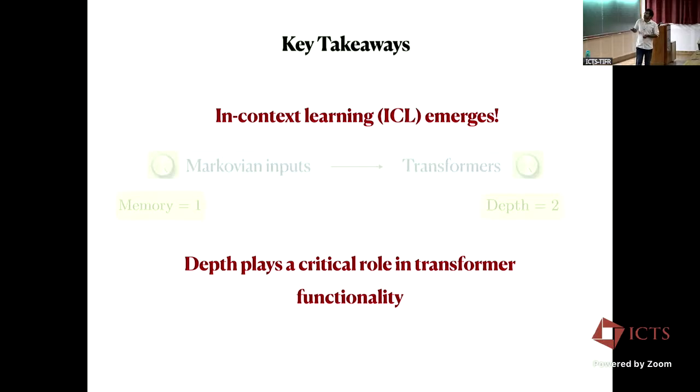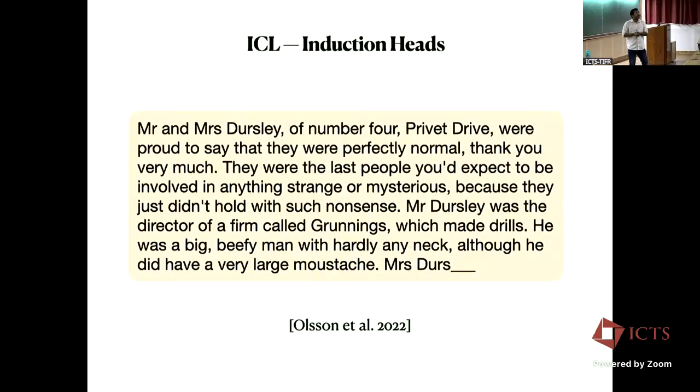Okay, just a brief primer on in-context learning and induction heads that you might have seen yesterday as well. Say you have some passage of text from Harry Potter, and you want to predict what follows. The notion of in-context learning is that if you take a pre-trained model and just give it this, the model figures out from the context that wherever past instances of this word have occurred, it uses the one following it, right?